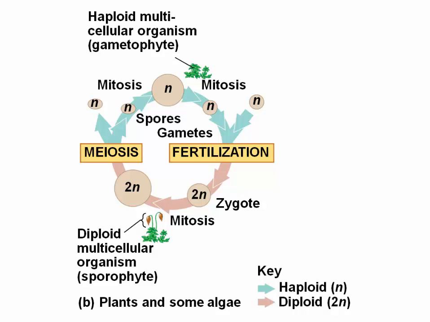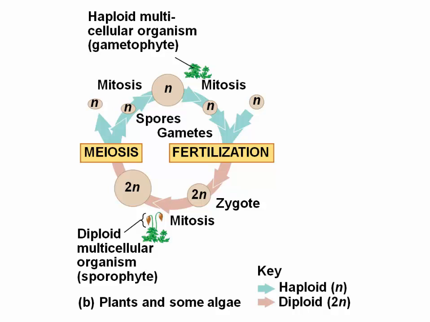The gametophyte cannot produce more of itself. It can only get to be a bigger size, but it can't make more gametophytes, like more children. Whereas the diploid organism will produce more of itself.